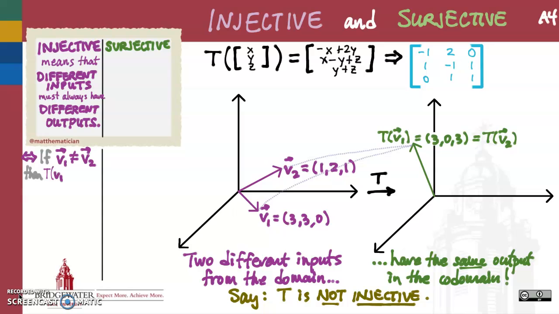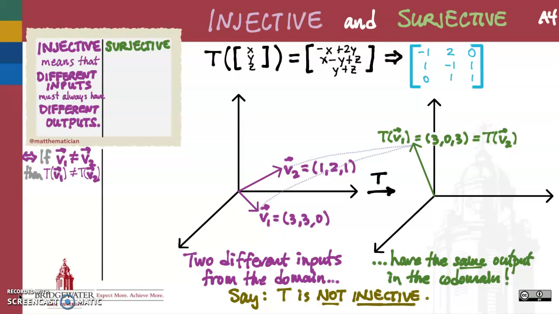Another way to say that a linear transformation is injective is to say that if v1 and v2 are different, any two different elements of my domain, then it must be true for an injective linear transformation that their images, T of v1 and T of v2, must also be different.